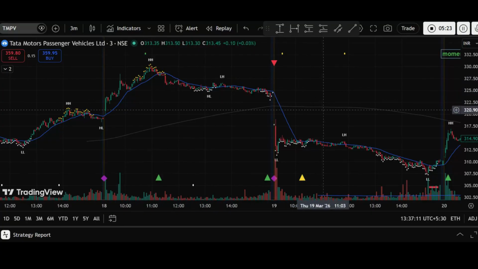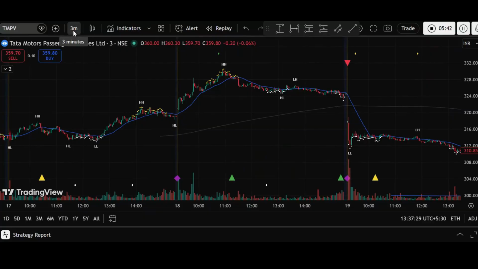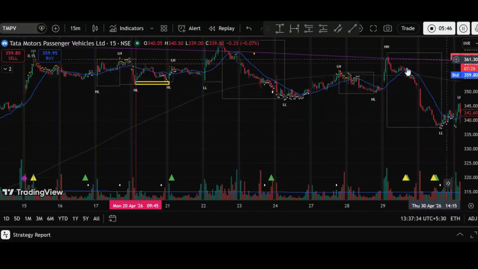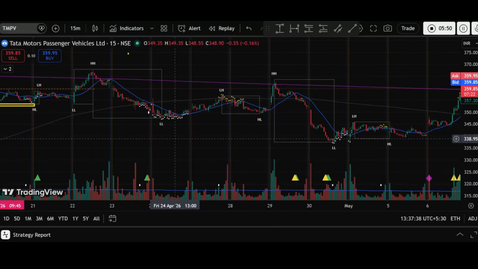Okay, and if the 9 MA survives above that higher value MA, then we start seeing these yellow dots, and hence we can understand this is an uptrend for a particular time frame. It can be for 3 minutes, it can be for 15 minutes. Okay, here as well we can have that sort of presentation by our indicator.